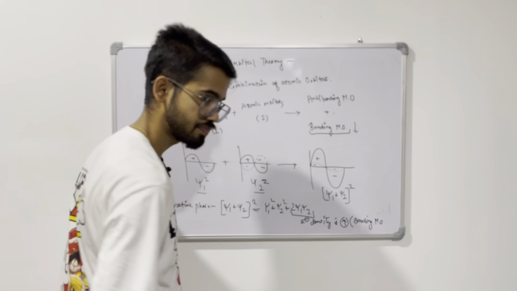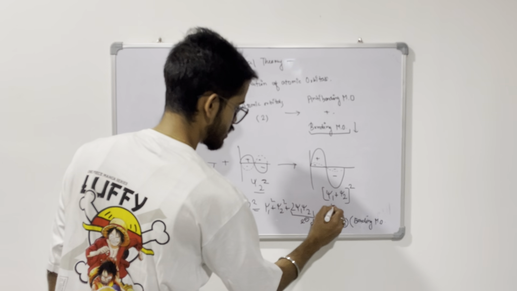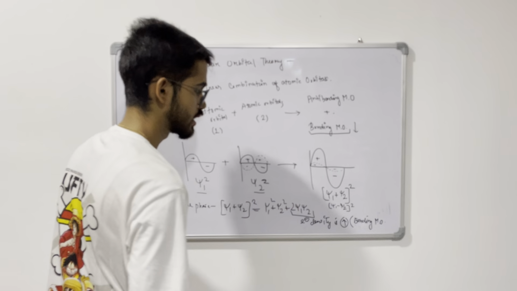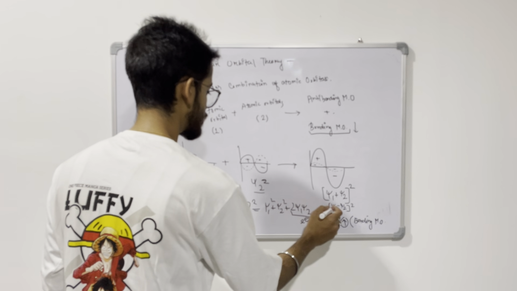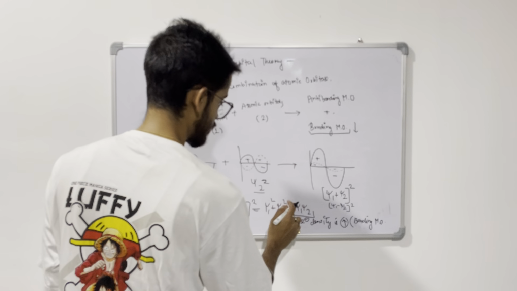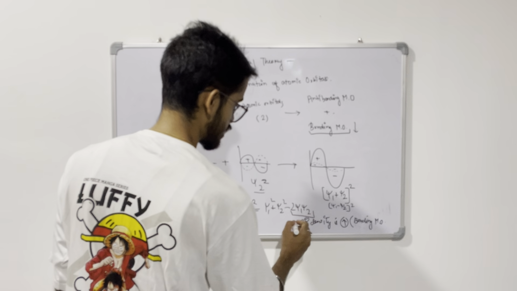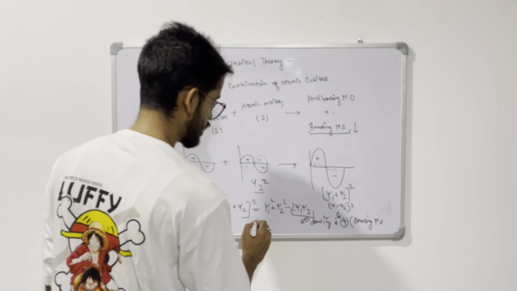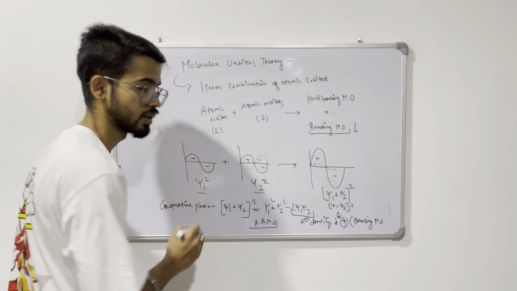Positive, negative. So (psi1 minus psi2) square will be seen in the resultant molecular orbital, which contributes to a decrease in electron density. This much electron density will decrease in the ABMO, the antibonding molecular orbital.